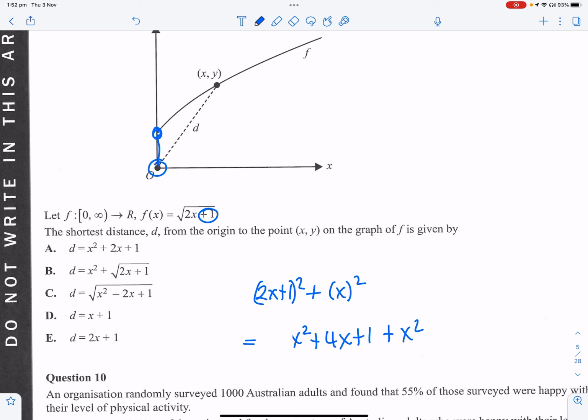Shortest distance from the origin to the point xy on the graph of f is given by. So our distance, we know, is that function.